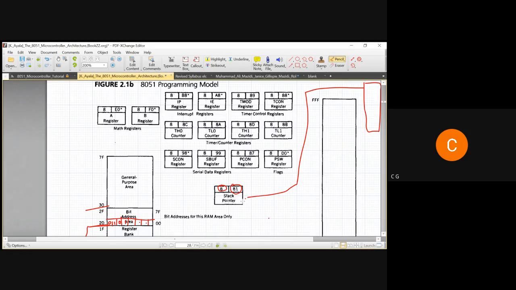Okay, but doing this, whatever is the address of the stack, suppose it is 81, it will increment by 1, so it will become 82. So it increments its address number, and then it stores the content here at this position.